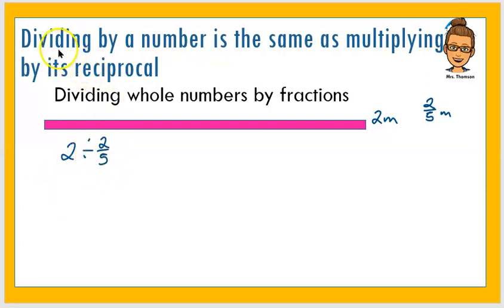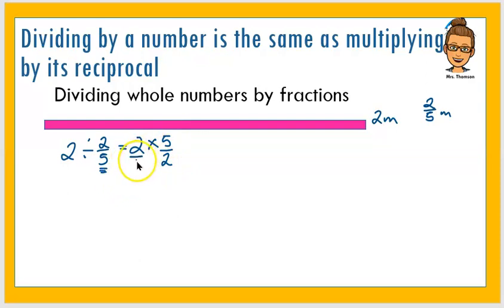Now we did learn, and the same rule applies, that dividing by a number is the same as multiplying by its reciprocal. Now we have to find the reciprocal of the number that we're dividing by, the divisor, this 2/5 here. So 2 divided by 2/5 is the same as saying 2 multiplied by 5 over 2.